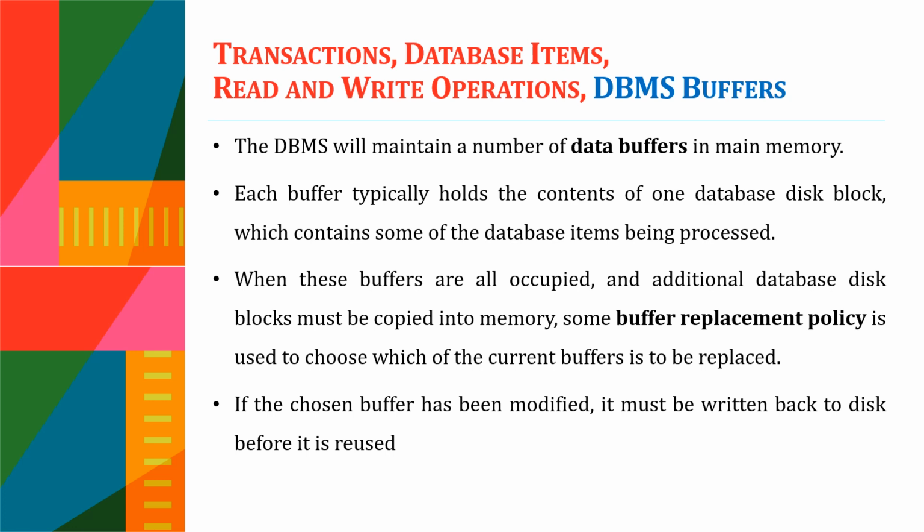When these buffers are all occupied, and additional database disk blocks must be copied into memory, some buffer replacement policy is used to choose which of the current buffers is to be replaced. If the chosen buffer has been modified, it must be written back to disk before it is reused. So when to update is determined by the recovery manager of the DBMS.